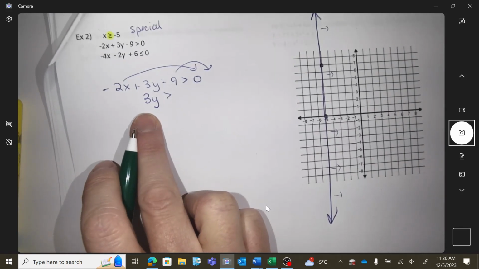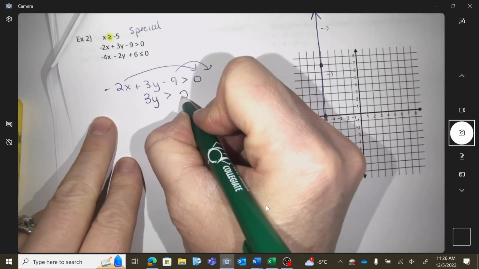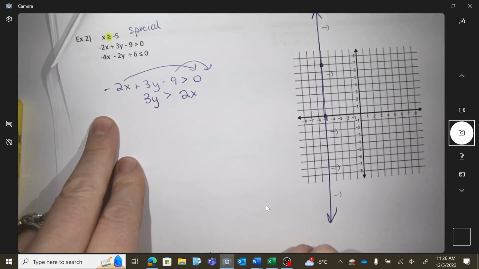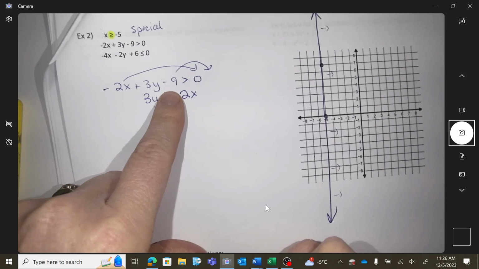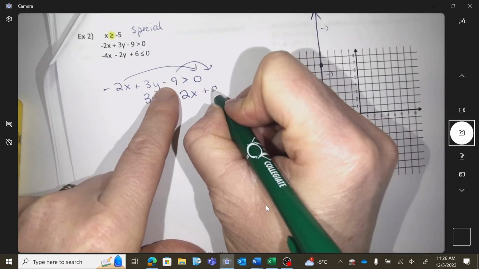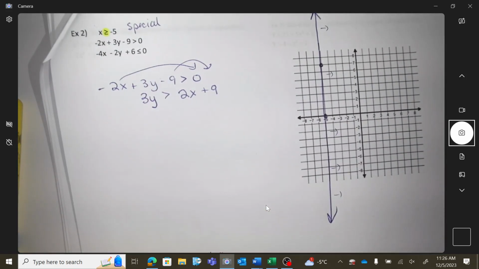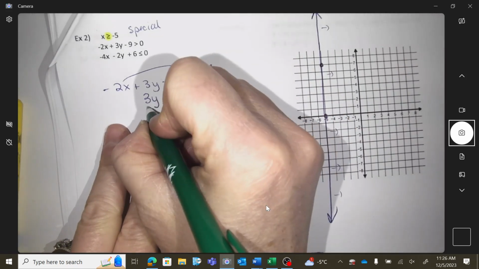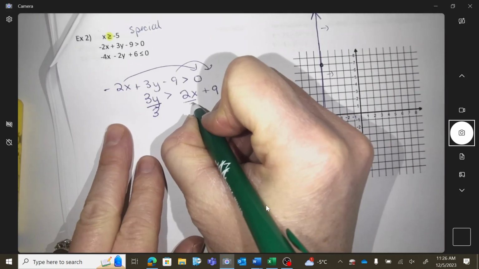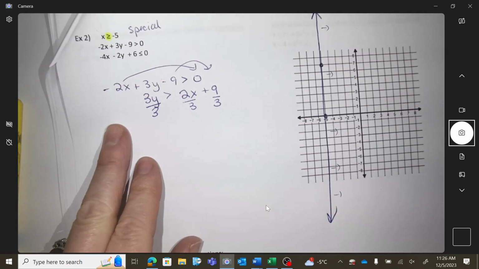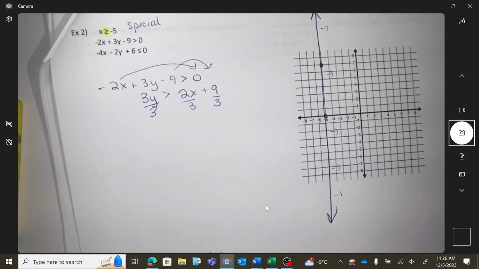Keep 3y, move the x. Are you going to write positive 2x? And if you move the number, you're going to write positive 9. Now, how do you get y alone? Divide by 3. But what happens when you do that? Candy, kids, you got to do it to them all, right?